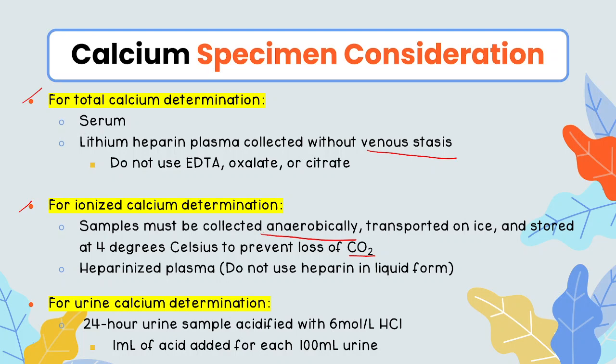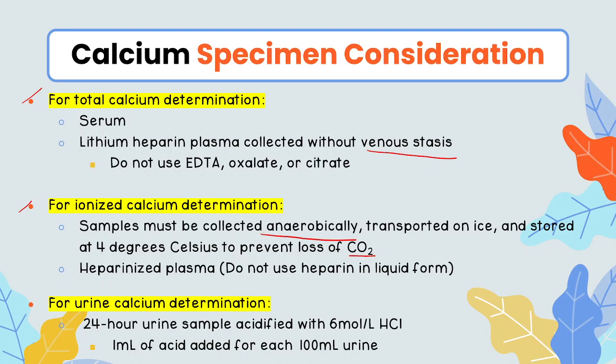Syempre kids, yung may pinakamaraming form, the highest percentage of calcium form is yung protein bound nyo. And when there is a loss of carbon dioxide, your pH will increase. And an increase in your pH, kids, will promote increased protein binding, which will therefore decrease your free calcium level. So, bawal po yung aerobic collection.